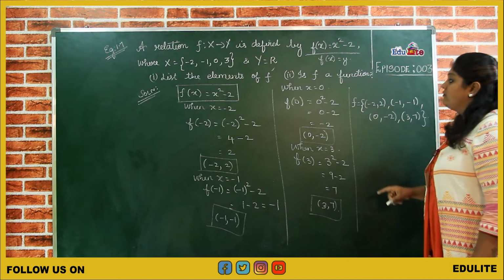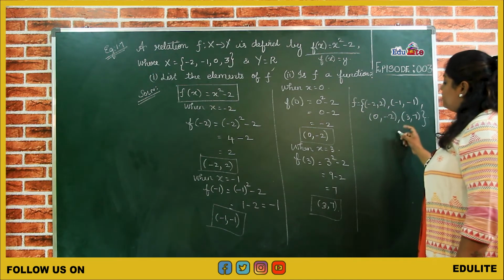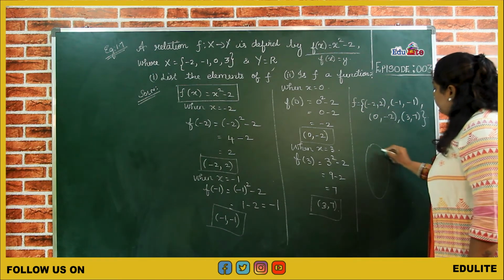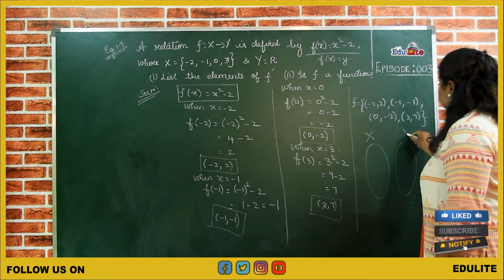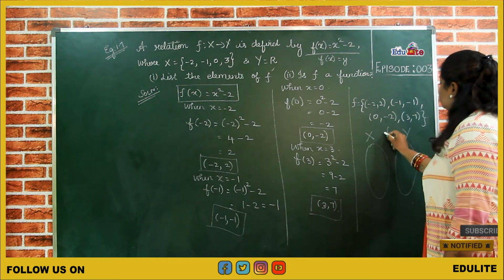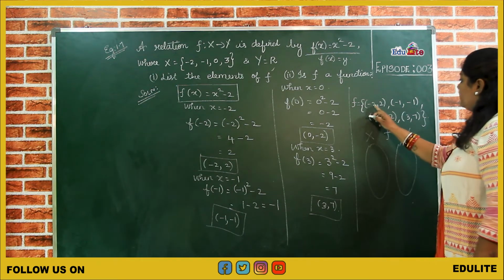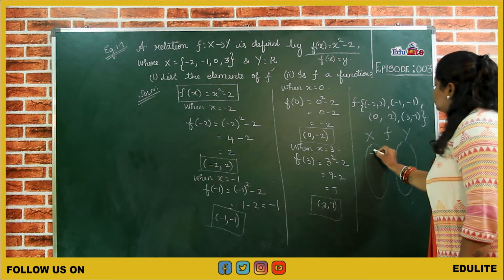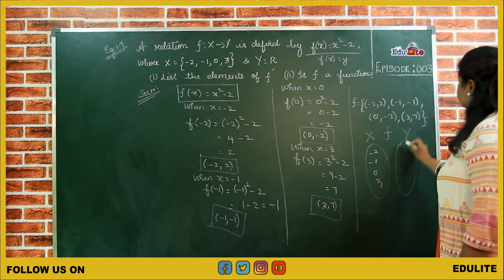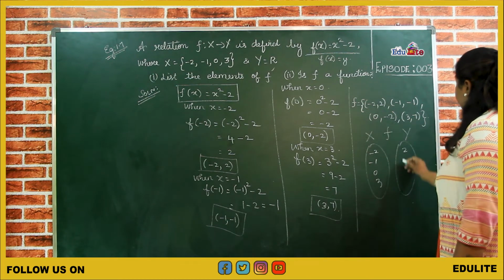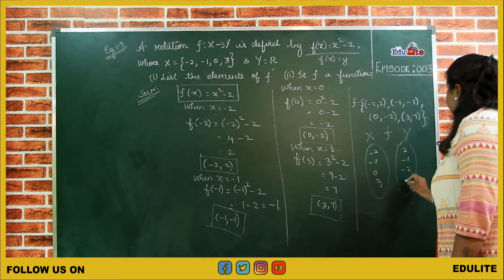Next, the second option, we have to check whether f is a function. We will take the help of an arrow diagram to check whether it is a function. So, this will represent x and this will represent y. It is a function f. So, x has the values minus 2, minus 1, 0, 3 and y has the set of values 2, minus 1, minus 2, 7.